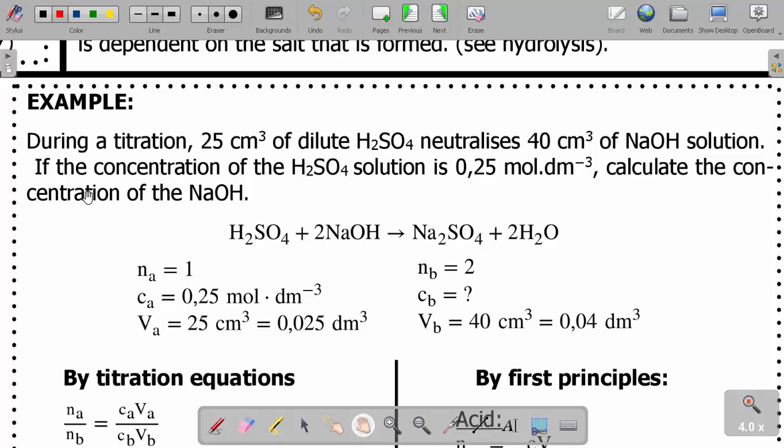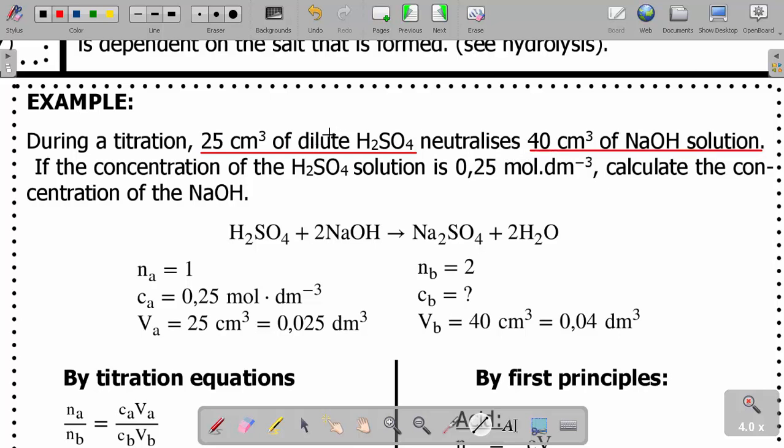If the concentration of the sulfuric acid solution is 0.25 moles per decimeter cubed, calculate the concentration of the sodium hydroxide. I repeat this question: during a titration, we have 25 cubic centimeters of dilute sulfuric acid, and they neutralize the 40 cubic centimeters of sodium hydroxide solution.